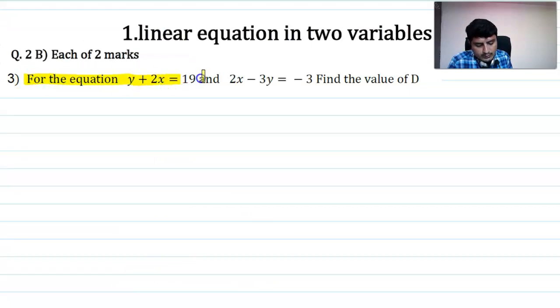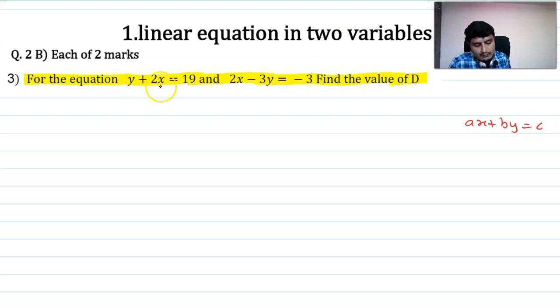Now look at the third question. For the equations y plus 2x equals 19 and 2x minus 3y equals minus 3, find the value of d. So let us write down the linear equations in 2 variables one after the other in the general form. What is meant by the general form? That means ax plus by equals c is the form.